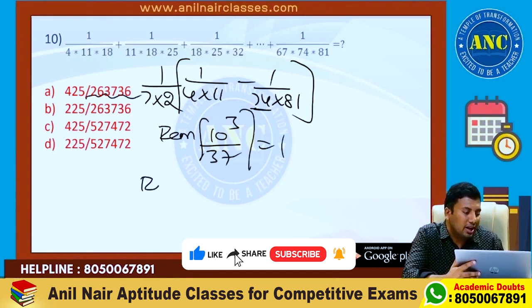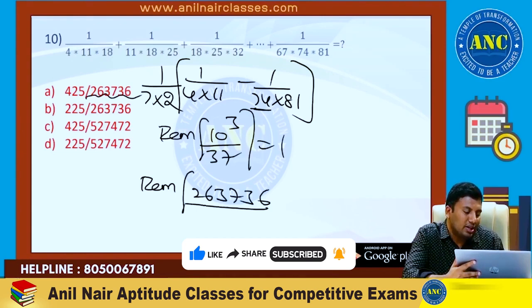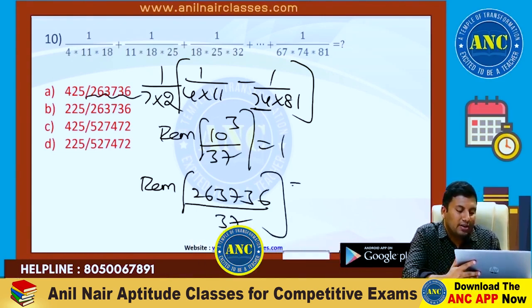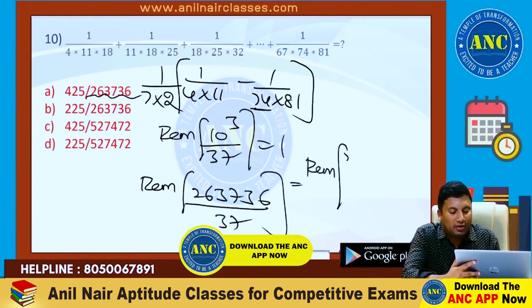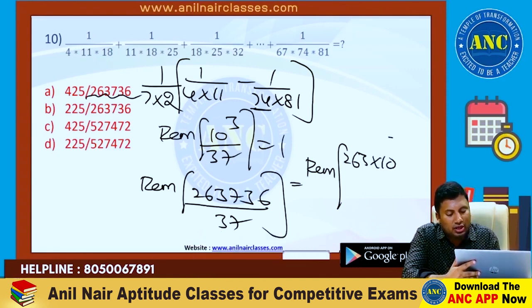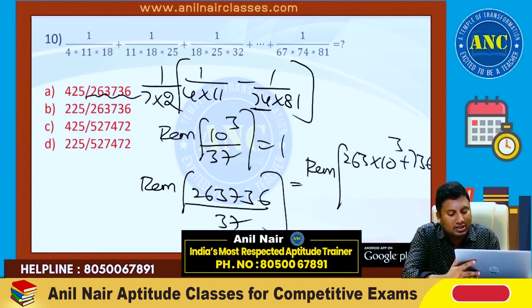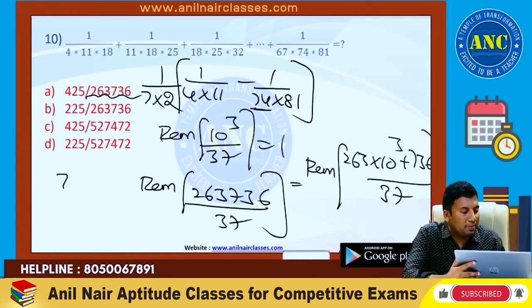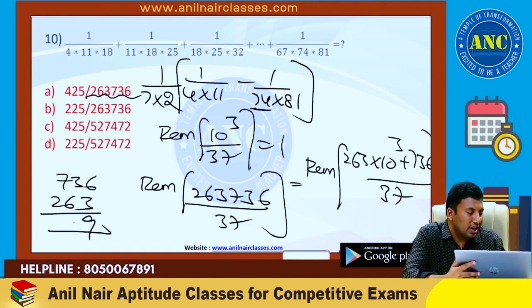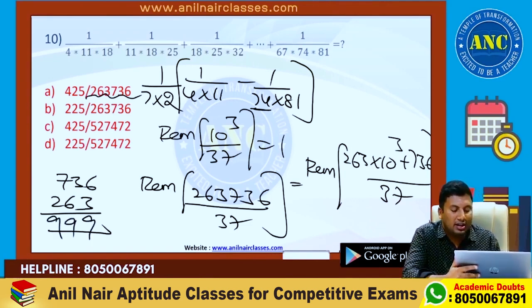Let me take this value, 263736 divided by 37. This is nothing but the remainder of 263 into 10 cube plus 736 divided by 37. 263 plus 736 is 999.